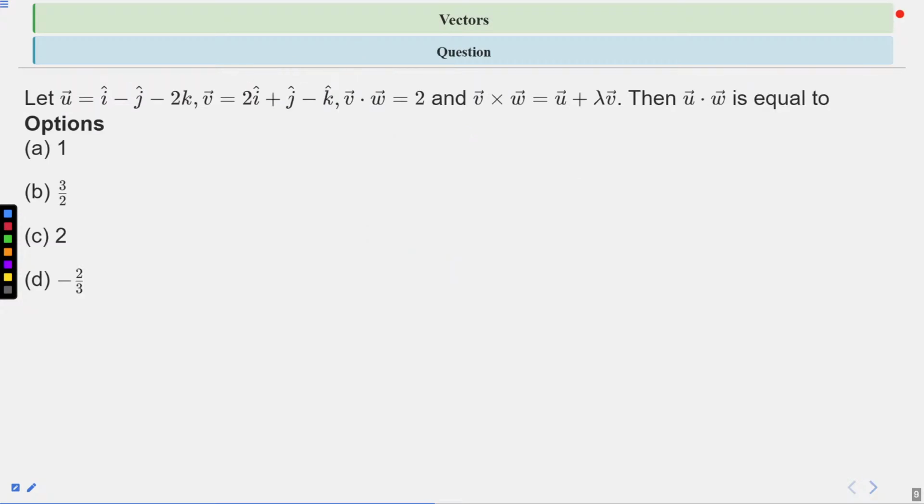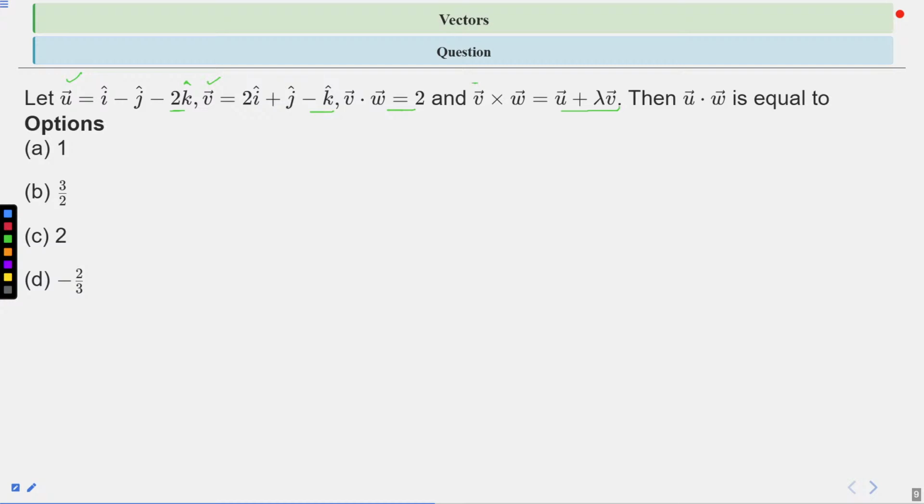Let U vector be equal to i cap minus j cap minus 2 k cap and V vector be equal to 2 i cap plus j cap minus k cap. So here the value of U and the value of V is given. So we have two vectors, U vector and V vector. Now V vector dot W vector is equal to 2 and V vector cross W vector is equal to U vector plus lambda V vector.